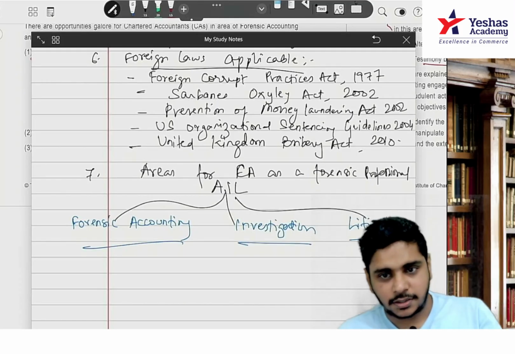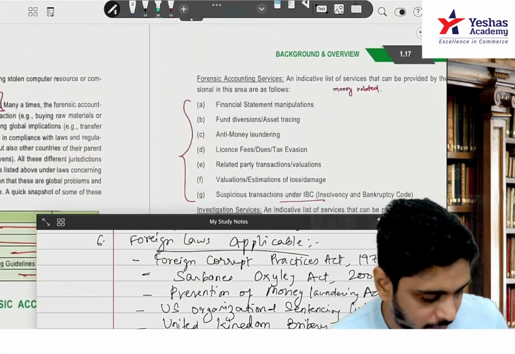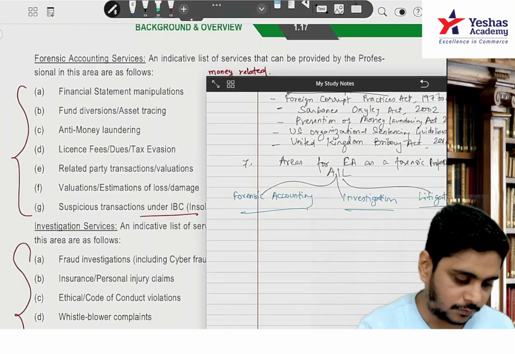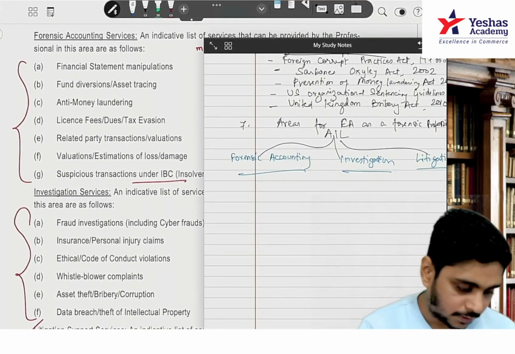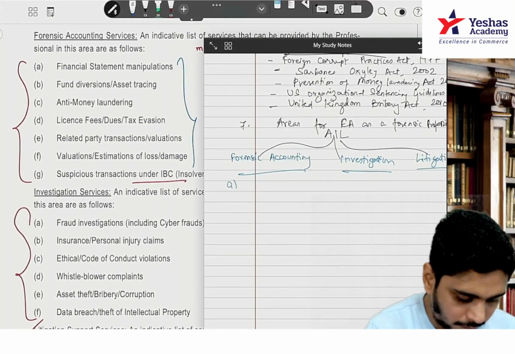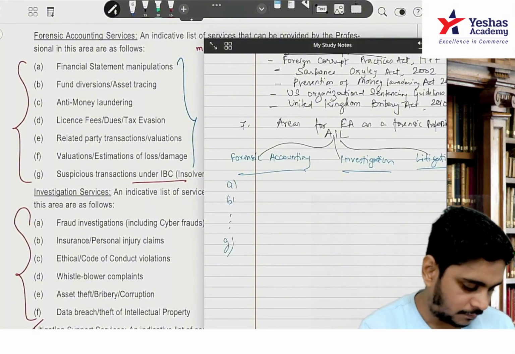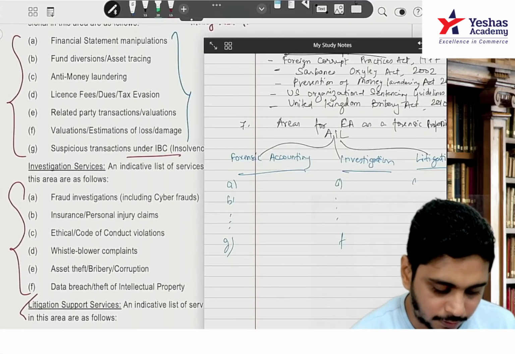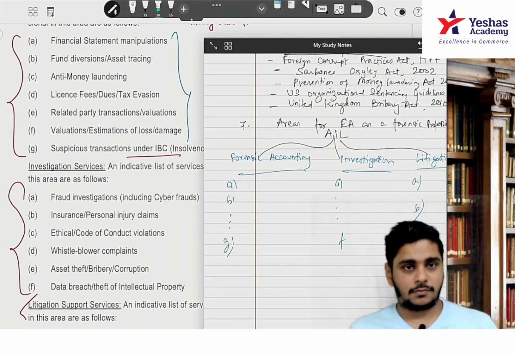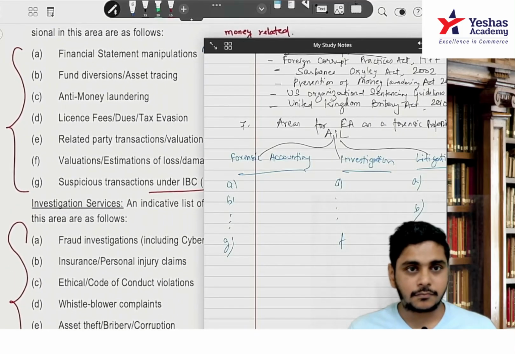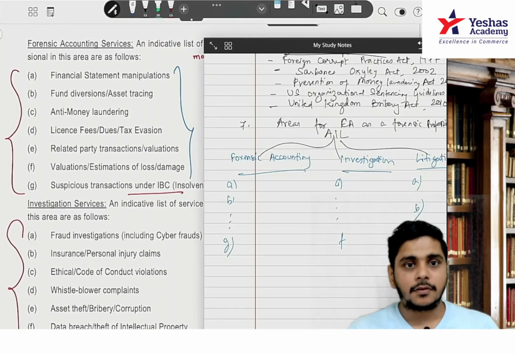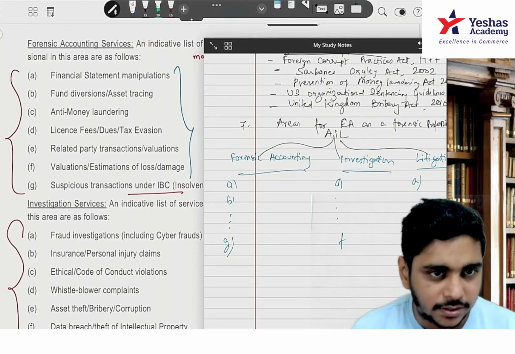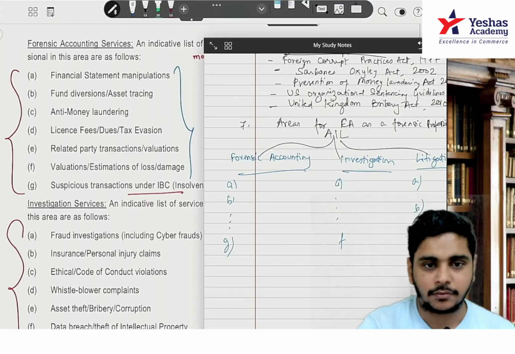Forensic accounting, investigation, litigation. Now, below forensics, what will you do? You will copy this A to G. Below investigation, copy A to F, and under litigation only A and B are there. Please copy right now.